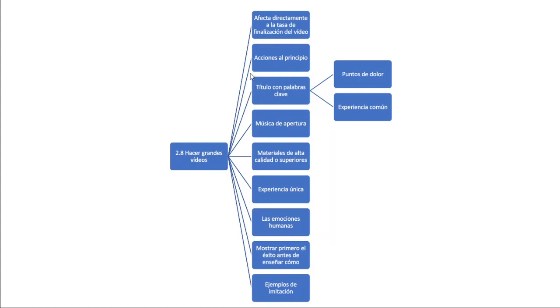The third point, title with the keywords. What we mean by that is that on your video, you want to write something that brings up difficulties that people commonly experience, and if you can share those experiences with them, that can help facilitate trust.